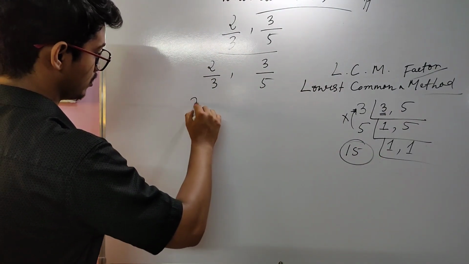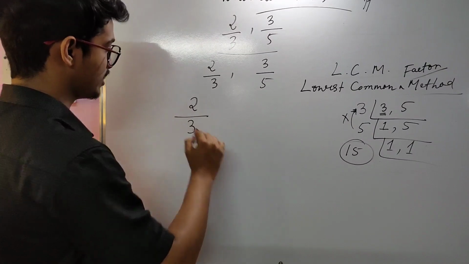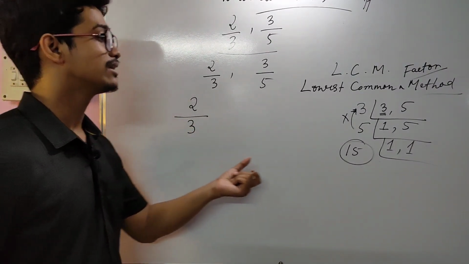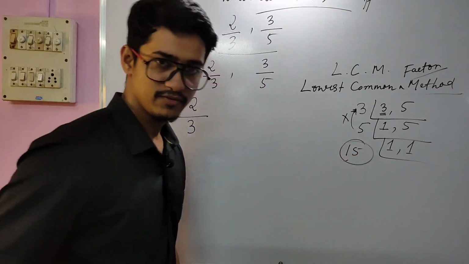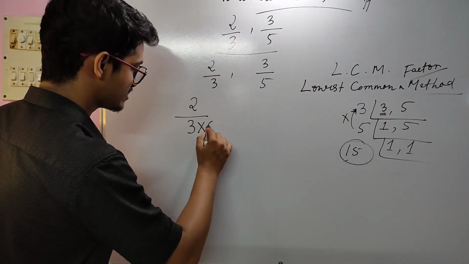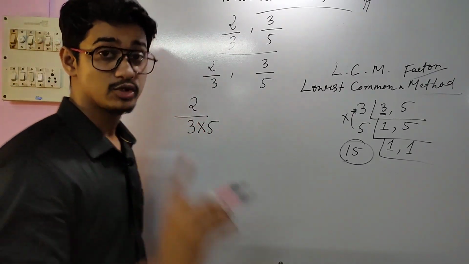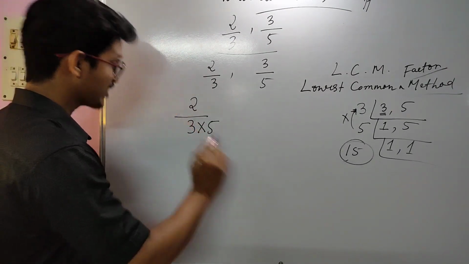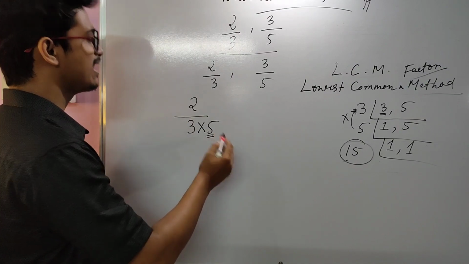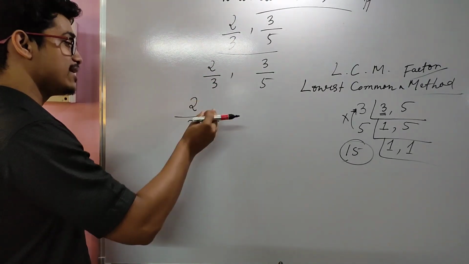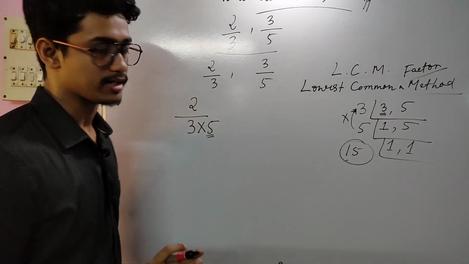So for 3, which number do we have to multiply with 3 so that the result will be 15? We know that 5 is there. 5 is the number, and I have told you earlier, whatever number is multiplied in either the numerator or the denominator, we have to do the same for the other part as well.